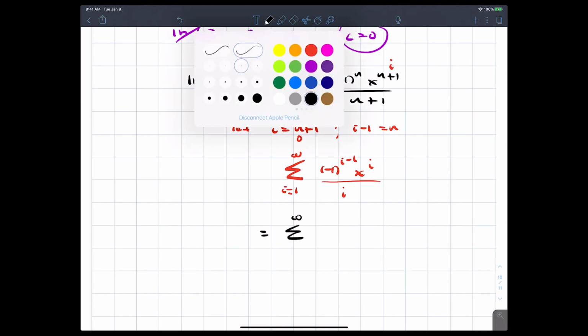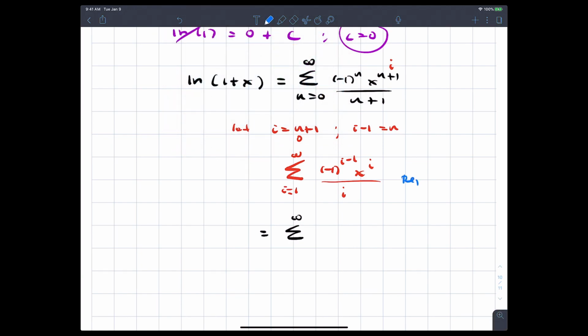We can replace I with n, and so you end up with negative 1 to the n minus 1, x to the n over n, where now n starts with 1 to infinity.